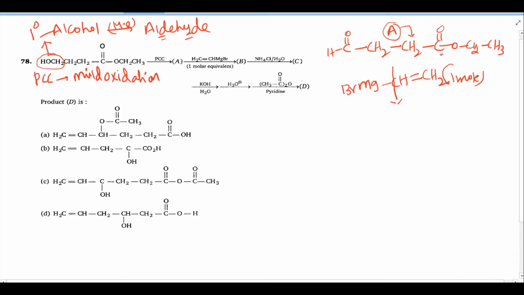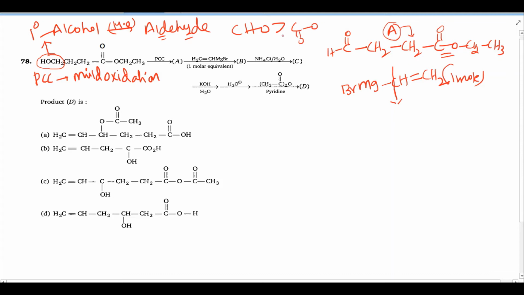If you added 1 more mole, the ester would also be disturbed. Esters are also possible to react with the Grignard reagent, but which is more favorable, ester or aldehyde? Here the aldehyde is more reactive than the ester.